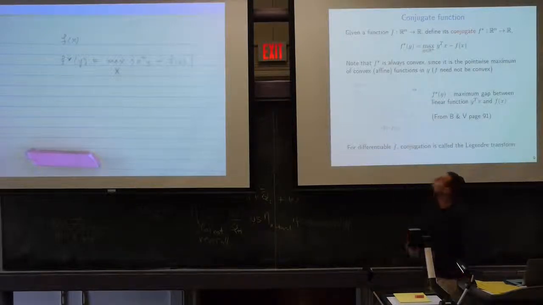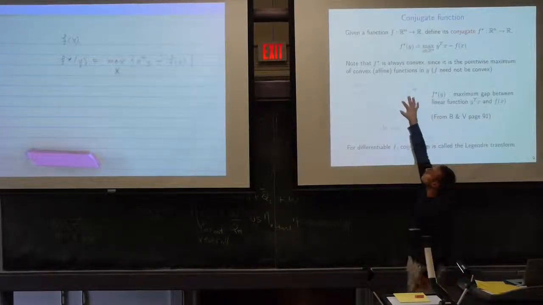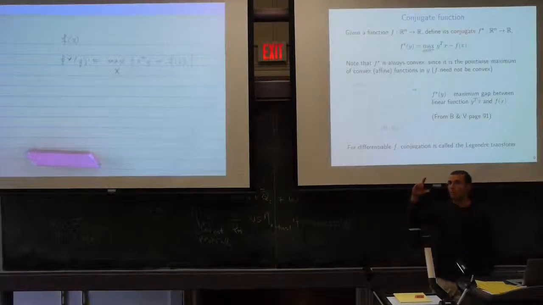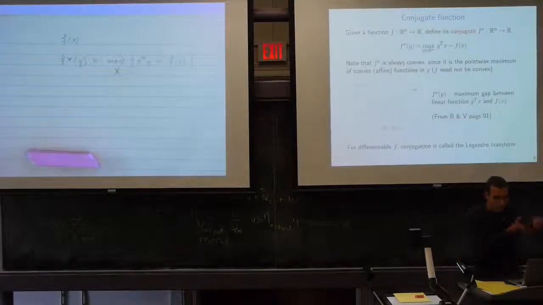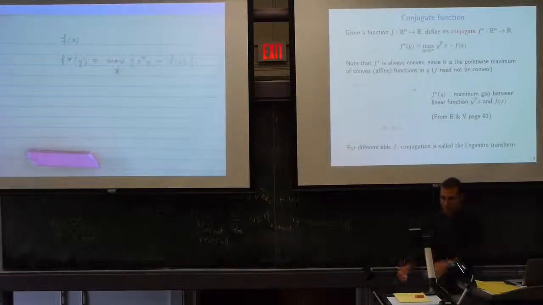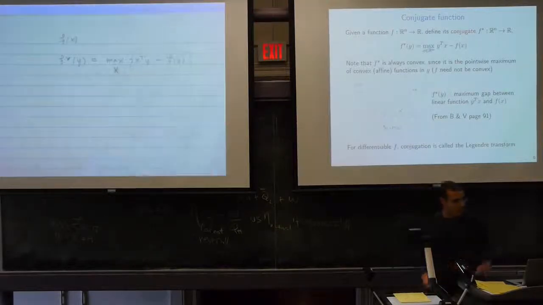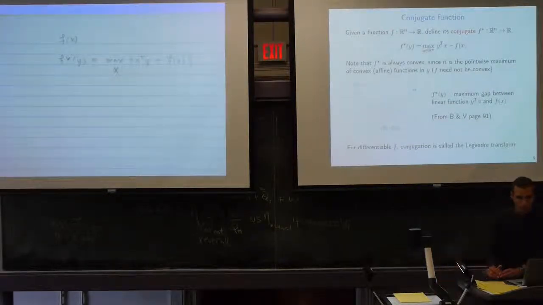So the conjugate function at y is that gap. You might have learned it in physics, where they usually call it the Legendre transform, and it's usually treated for differentiable f. It goes by other names too.